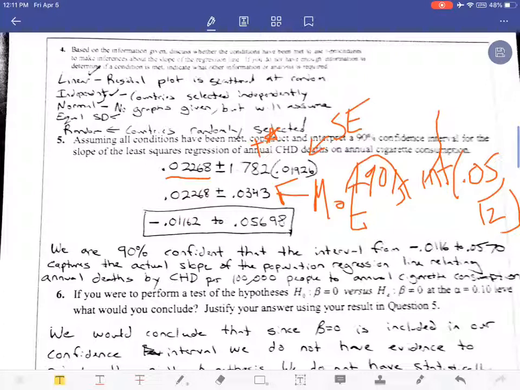So essentially what you're going to do for your interpretation, you're just going to say the interval, you insert your interval, it captures the actual slope of the regression line, and you want to use that context, so you'd say the regression line between your x variable and your y variable, to make sure we have that contextual part to it.